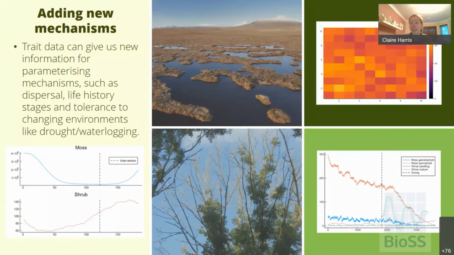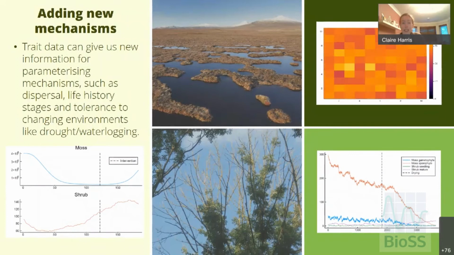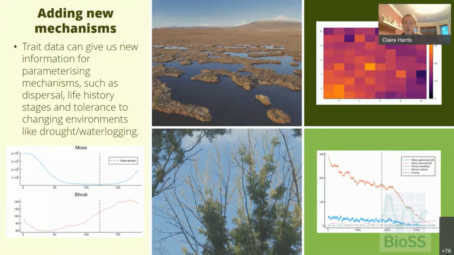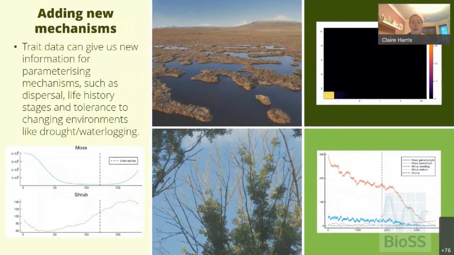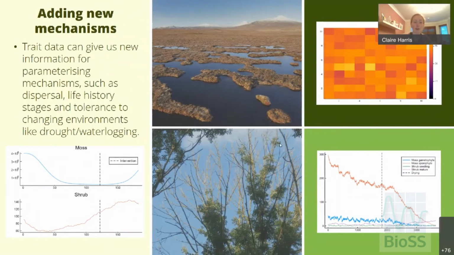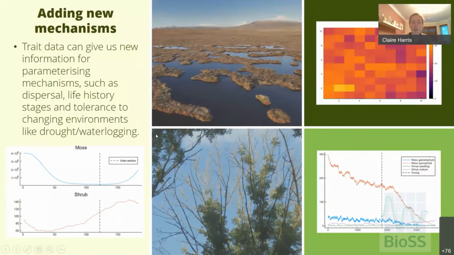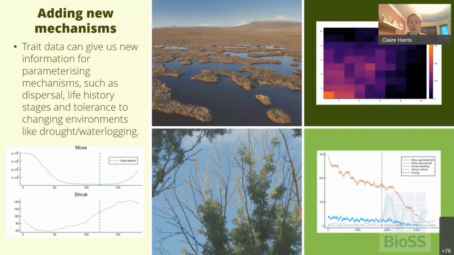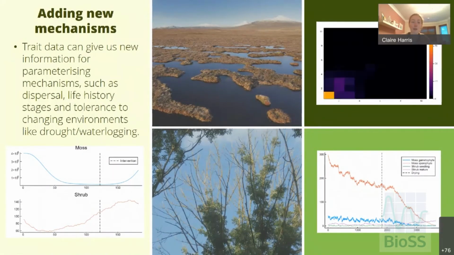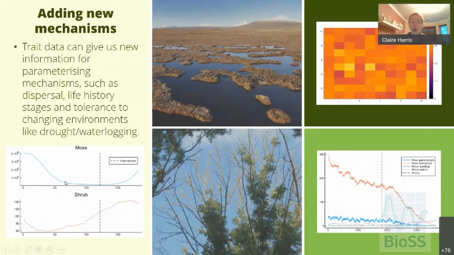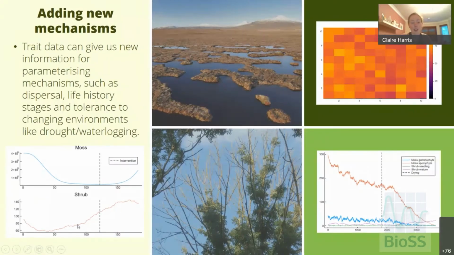And then we can finally think about the tolerance of the different species in the model to different environments. So what happens if we start to dry things out, for example? And so we've been looking at very simple scenarios to start with, in which we dry things out and all of the mosses start to die off, and the shrubs start to take over.